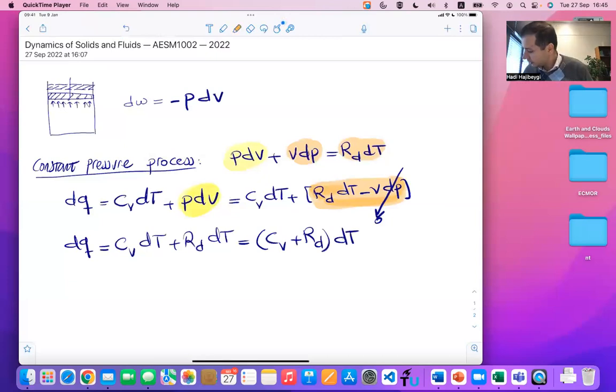This term, constant volume heat capacity plus R, is defined as constant pressure heat capacity. So I am going to finally write dq will be Cp dT if the process is a constant pressure process.